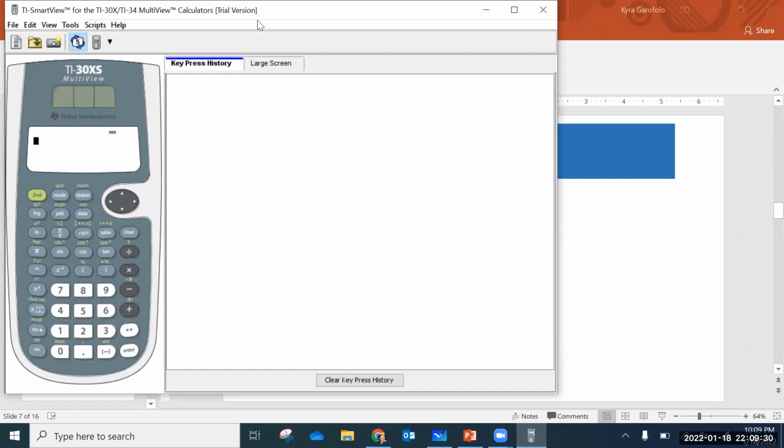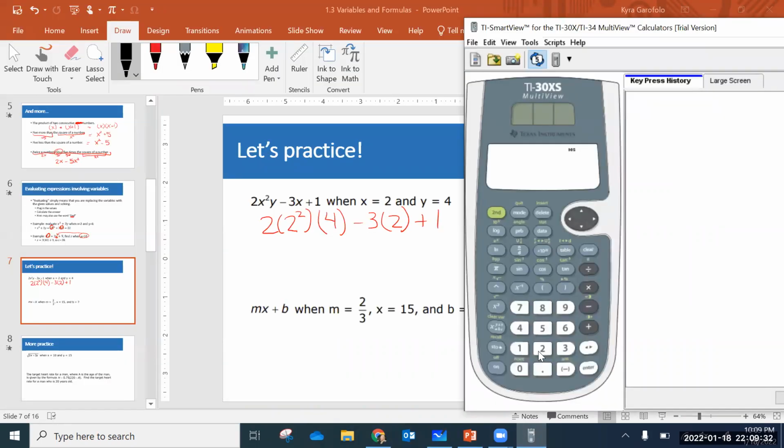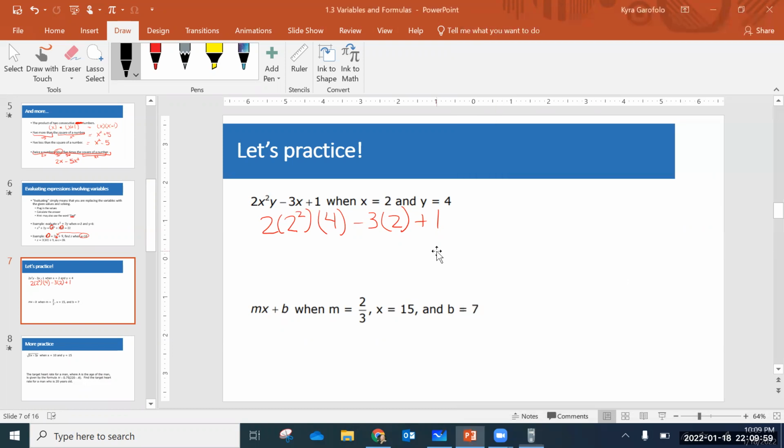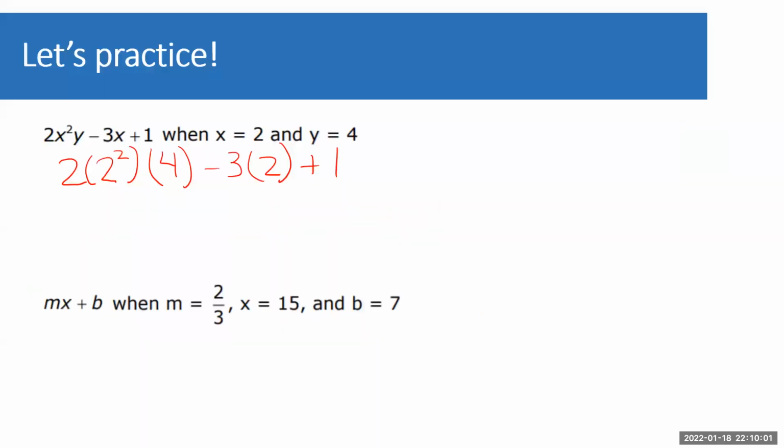So we want to have here 2 times 2 squared times 4 minus 3 times 2 plus 1 and press enter. And that is going to give us 27. So if we go back over here, we should be able to say that equals 27.